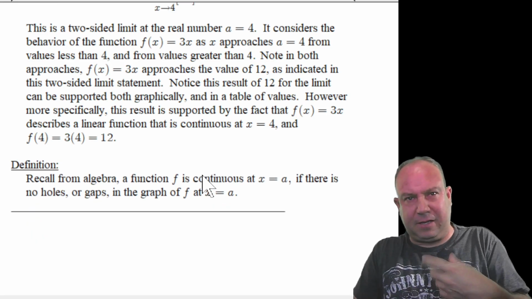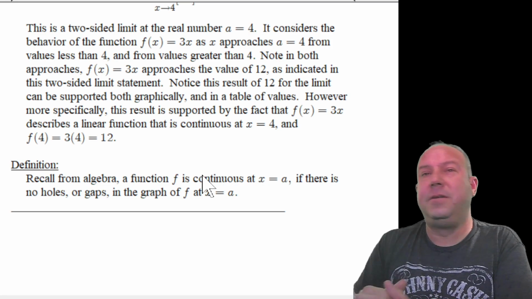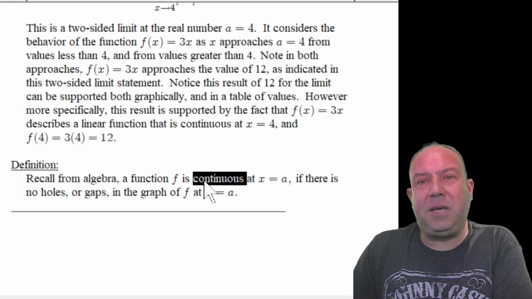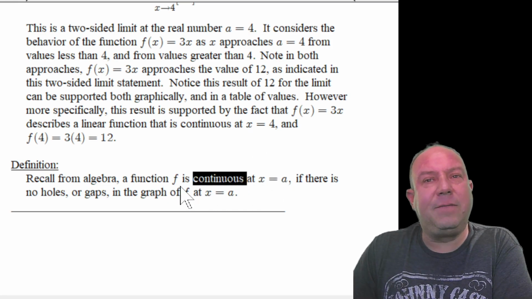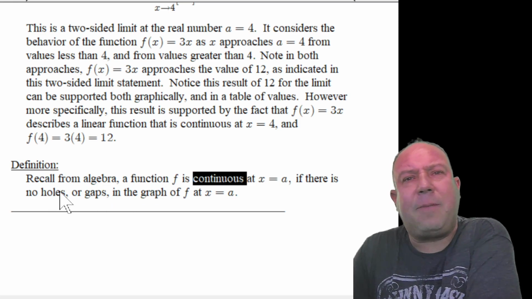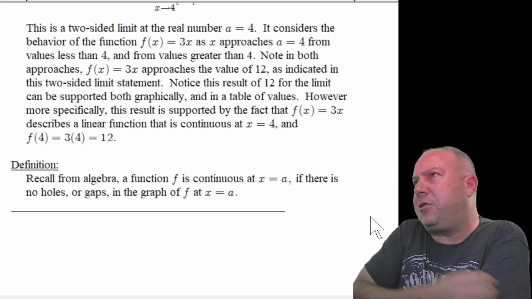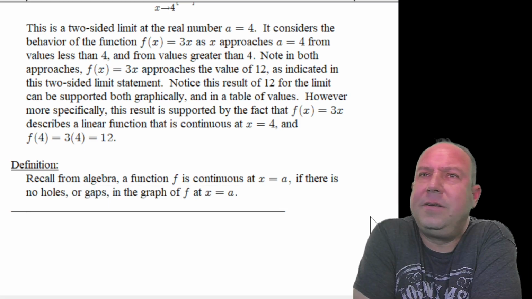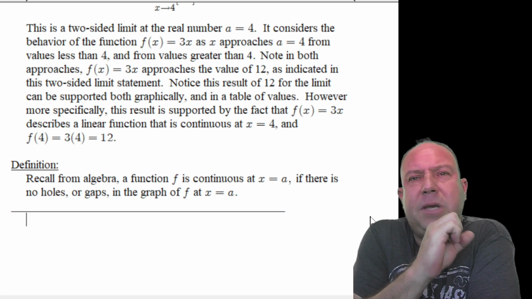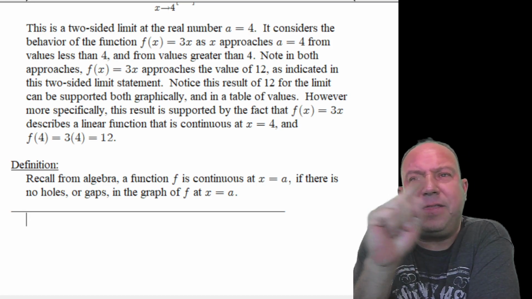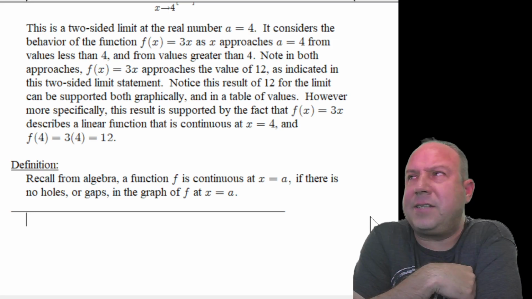Recall from algebra, what does it mean to be continuous at x equal to a for a function f? It means there are no holes or gaps in the graph of the function f at x equal to a. When you sketch your graph, there's going to be no holes or gaps at this particular location where x equals a.